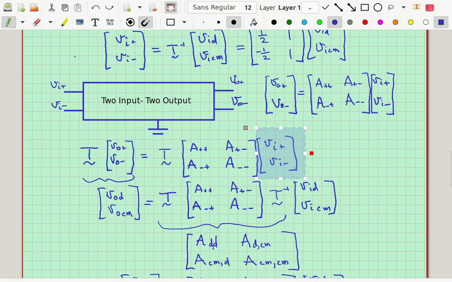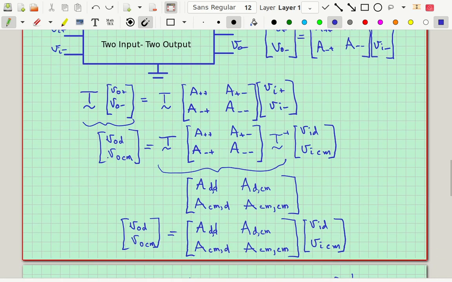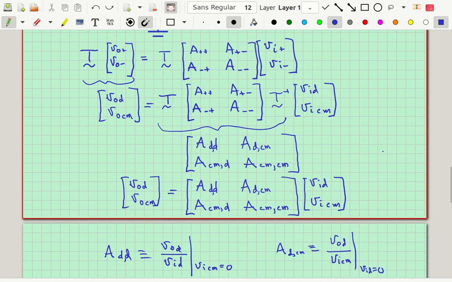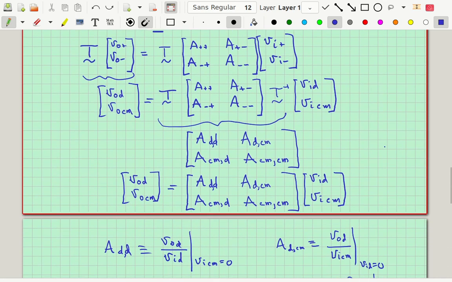So I can use this expression up here and substitute it in for VI plus and VI minus, and now it's in terms of VID and VICM. So I've got V out D, V out CM in terms of VID, VICM. And this new matrix, T times the A plus minus matrix that we had before times T inverse, is the matrix that shows me the things I really care about.